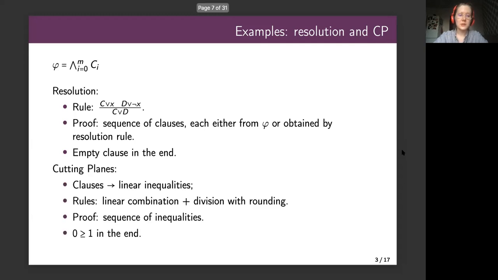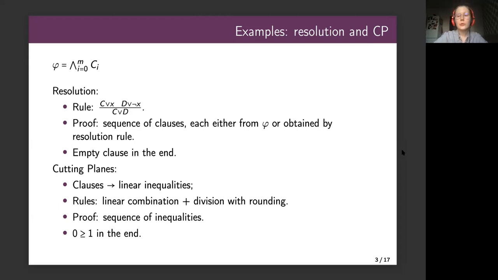So let's take a look at another example then. The cutting planes proof system. Here, first we rewrite our clauses as linear inequalities, and then we can apply some rules, which are linear combination and division with rounding up.